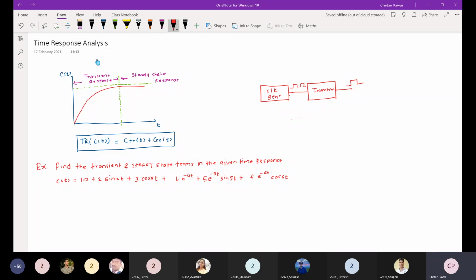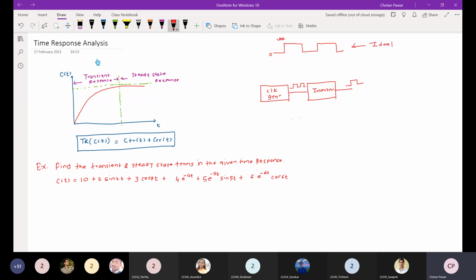Ideally, the ideal clock pulse is like this. Within no time, the signal shifts from 0 to VDD, if you consider this voltage as VDD. That is in the ideal case.